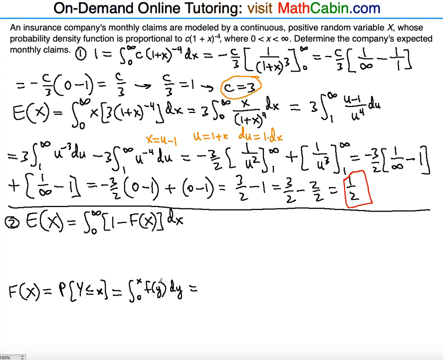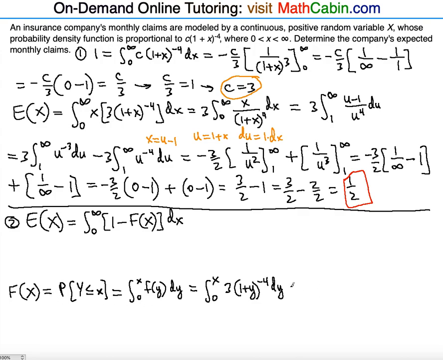The function that we need is the given function here. So from 0 to x, we're talking about 3 times (1 plus y) to the negative 4 dy. We're just switching the x with the y, because this is a PDF and we need a CDF. So this is how you find the CDF of the random variable x.